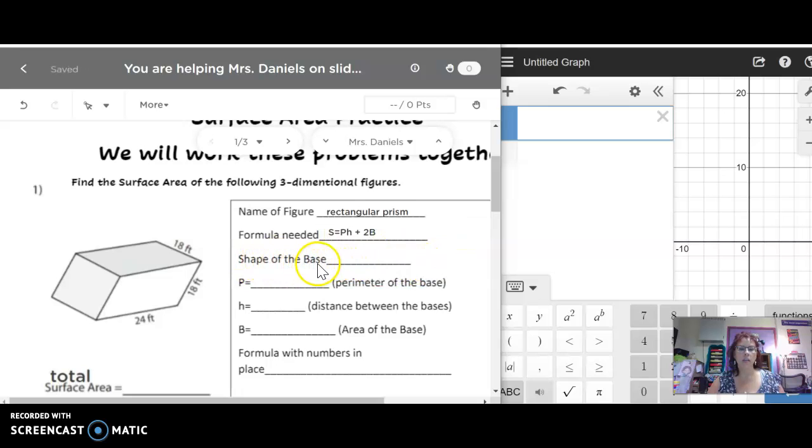The shape of the base. Remember, there's two bases always, no matter what. They are the same exact size and shape, and they're also parallel to each other.